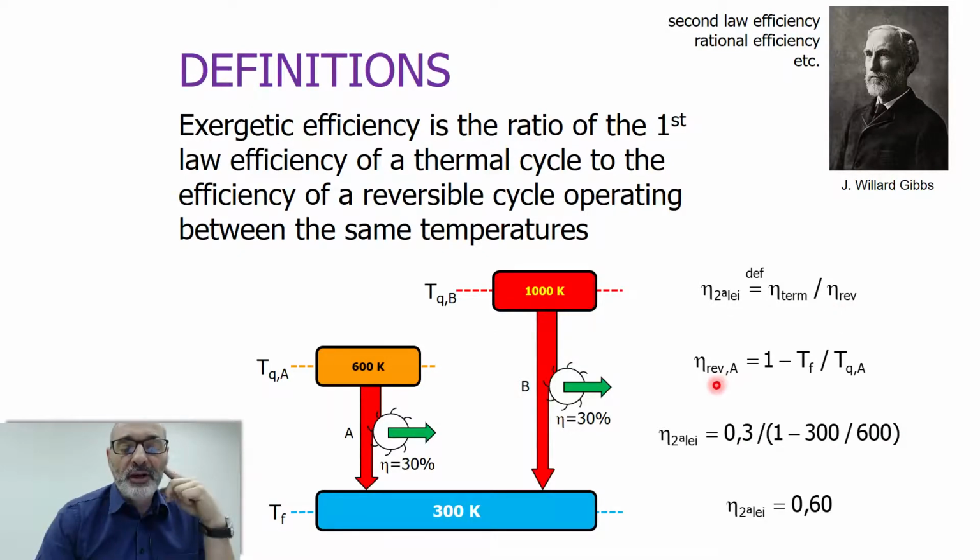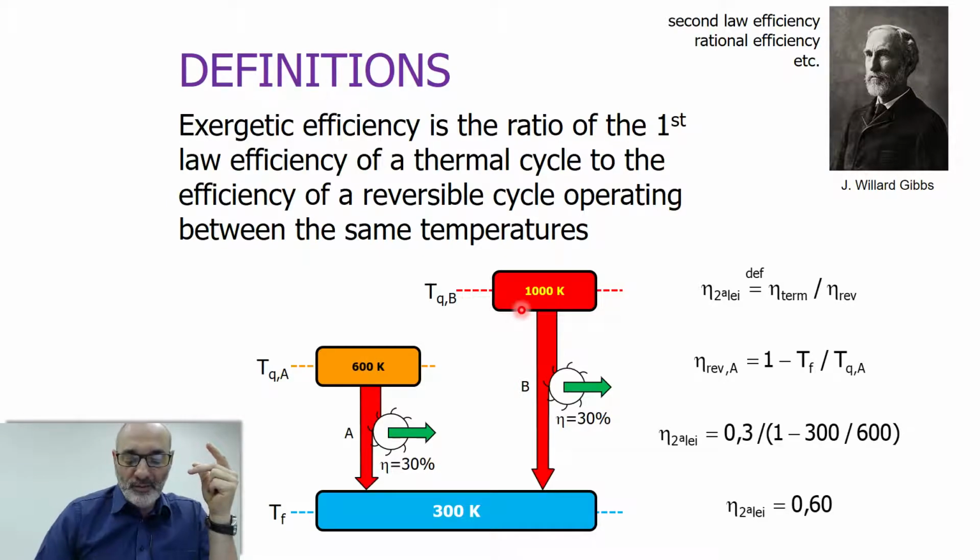In the case of machine A, this efficiency we can calculate as 1 minus Tf, the temperature of the cold reservoir, divided by the temperature of the hot reservoir. So this becomes 0.3, which is 30%, divided by the efficiency of the reversible machine between 600 and 300 K. This is 50%. So that's the second law efficiency of machine A.